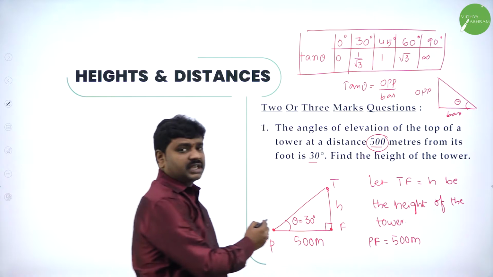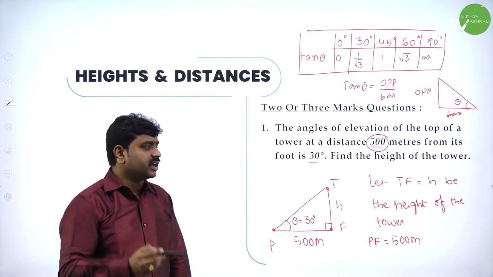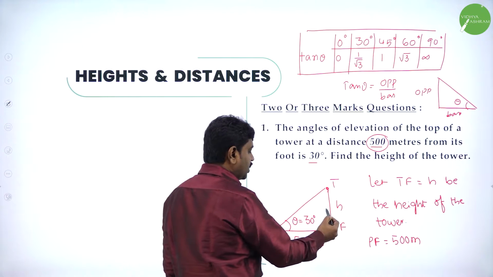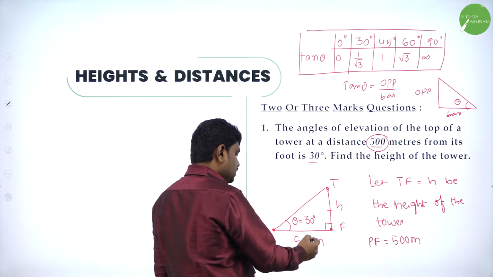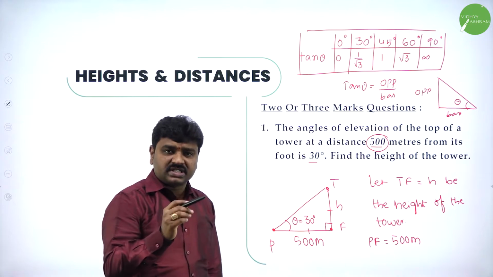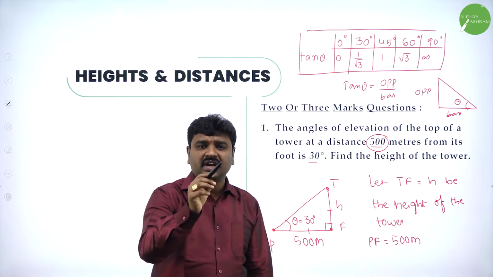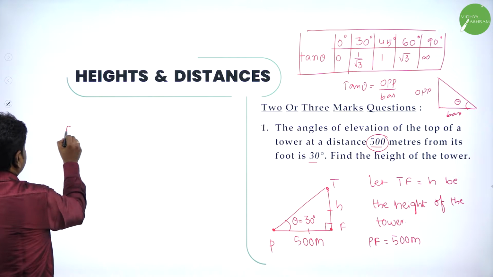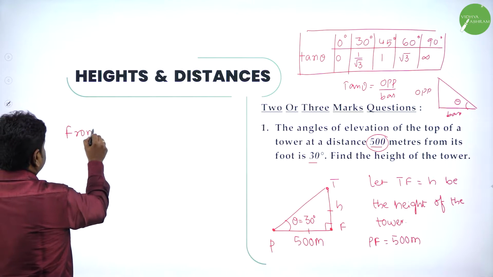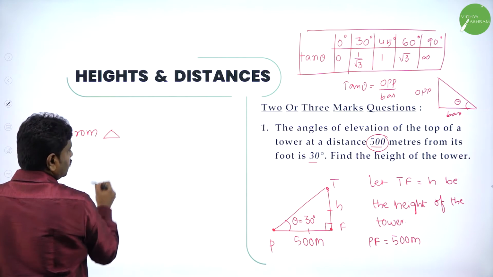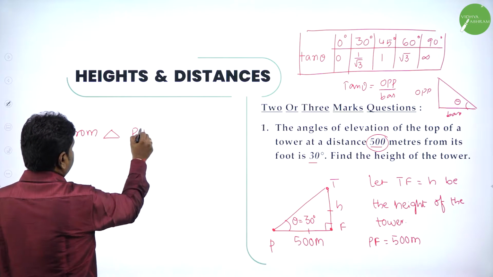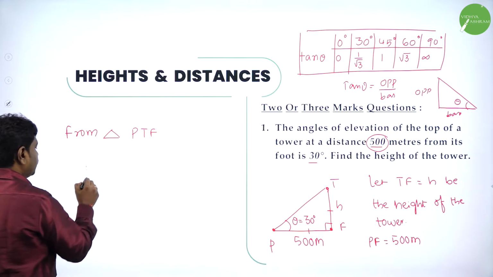Now you can see a right angle triangle. From right angle triangle, now we need this height. Height is opposite to the angle, we need opposite side, and they give adjacent. Opposite side and adjacent, or opposite side and base are related by what? Tan theta. So for this particular triangle, from triangle PTF, apply tan theta.